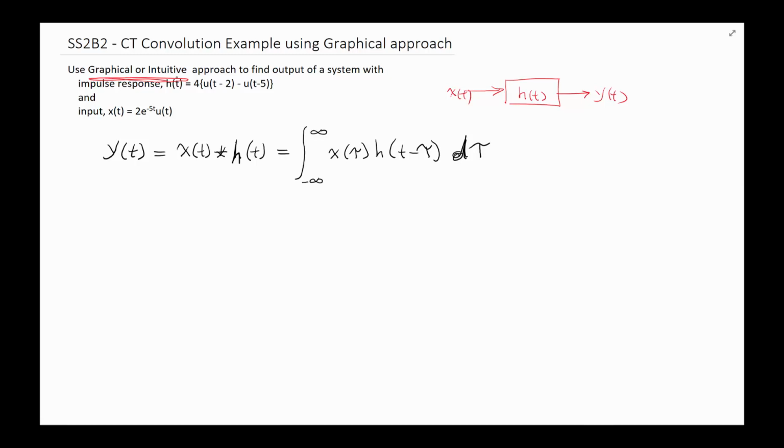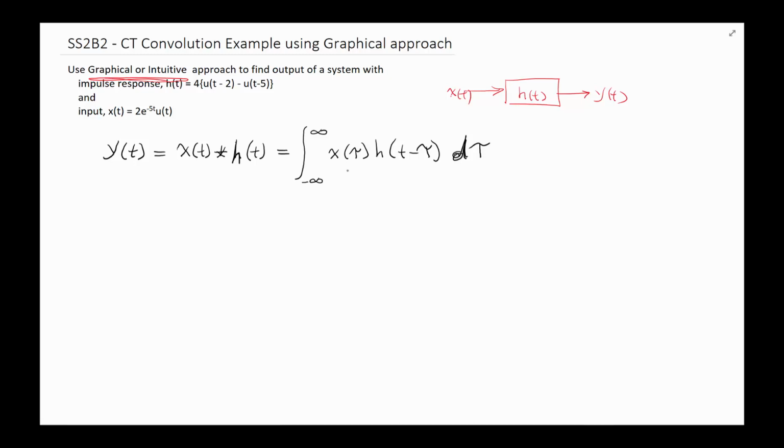We're going to go through it step by step. And the nice thing about the graphical approach is that every step of the way you can see how the convolution integral evolves as you go forward.